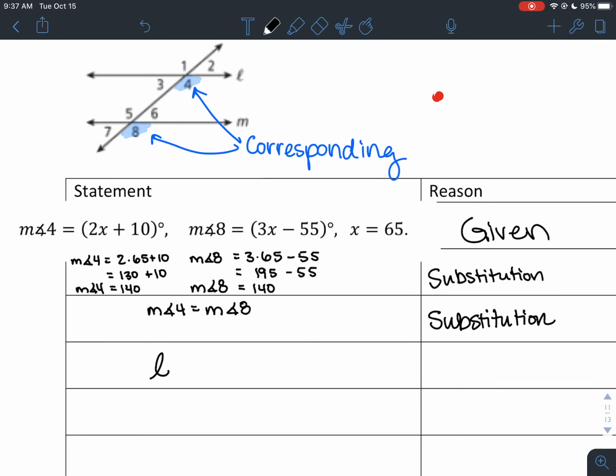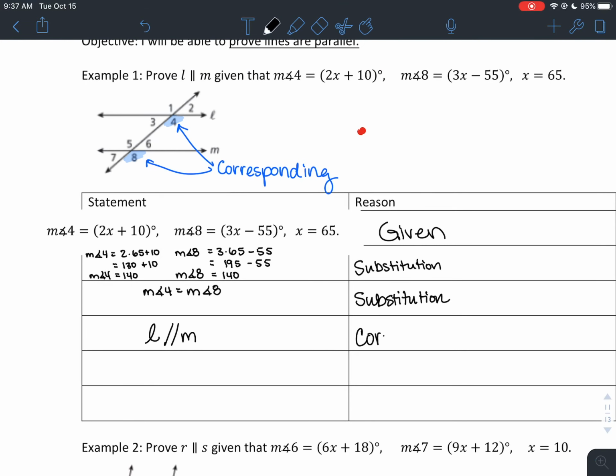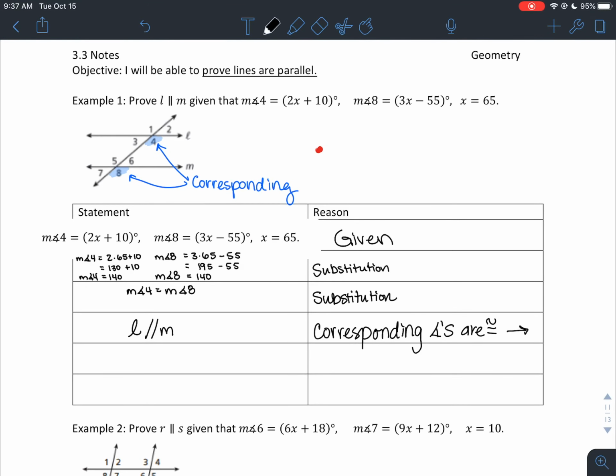So that means line L is parallel to M. And that's because we have corresponding angles are congruent. And our biconditional statement said that if corresponding angles are congruent, then that means lines are parallel.